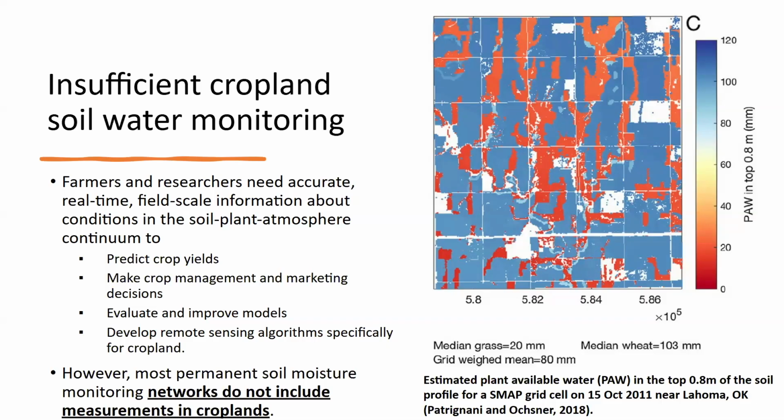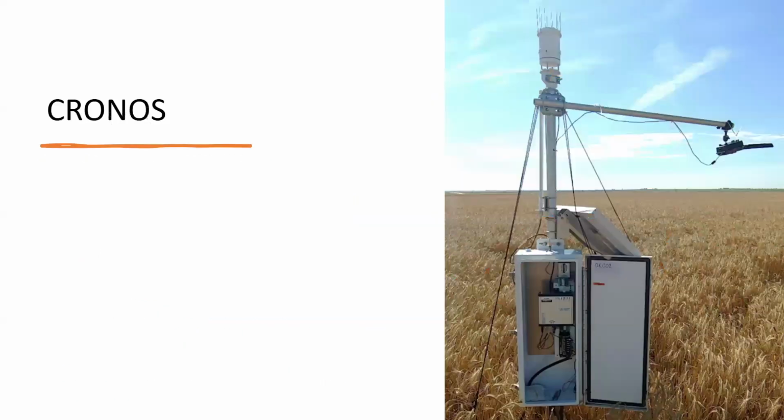And this very wet soil and this very dry soil may be separated by 1 meter. It's a human imprint onto the soil water conditions that we're not able to observe currently with any of our monitoring networks, nor with any of our current remote sensing tools, although we're working towards remote sensing tools that might be applicable at this scale.